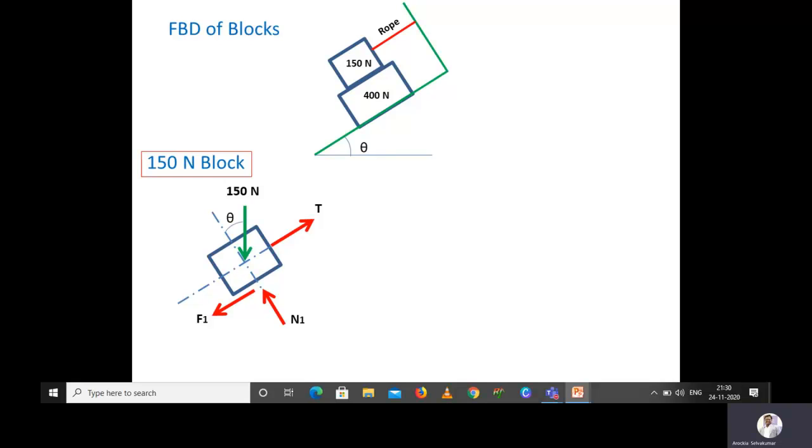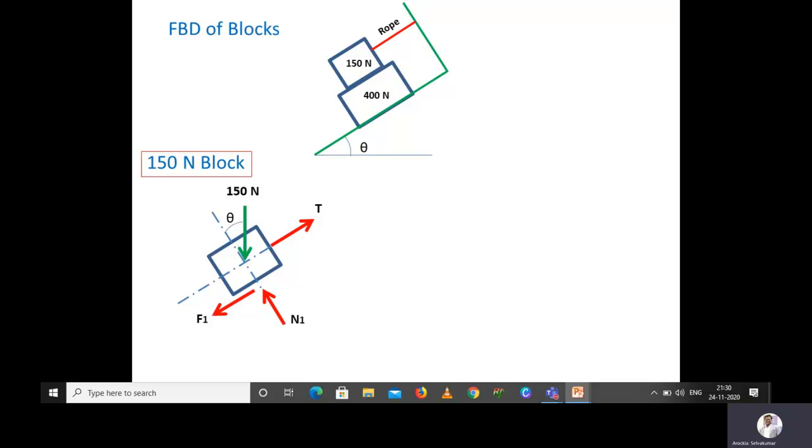The angle made by the 150 Newton weight with respect to the vertical is theta. If you have a doubt about how we got theta there, I can explain with a brief presentation.